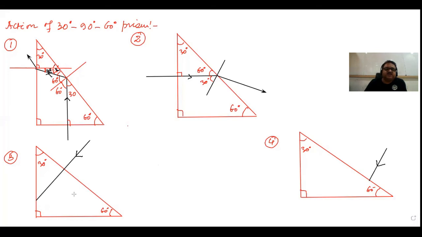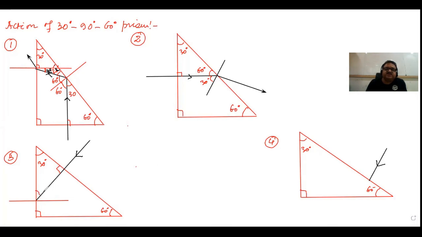Let me draw the normal first. Now 30, this is 90. 30 plus 90 is 120, so it is 60.